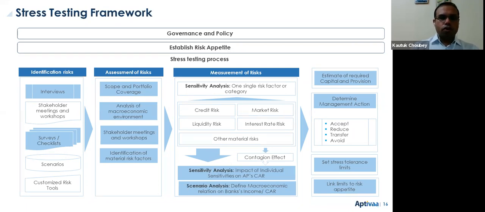So as in the case of ICAP, stress testing too starts with the identification of risk. Basically, the banks have to identify what risk they are exposed to. For pillar 1 risk, generally there is no deliberation required, because all financial institutions are exposed to pillar 1 risk.